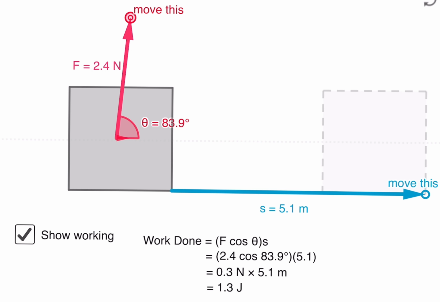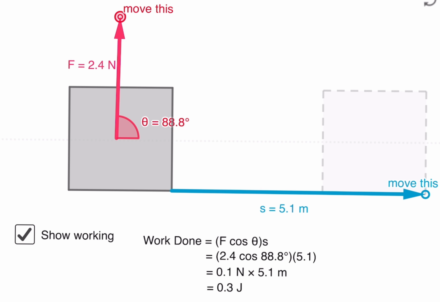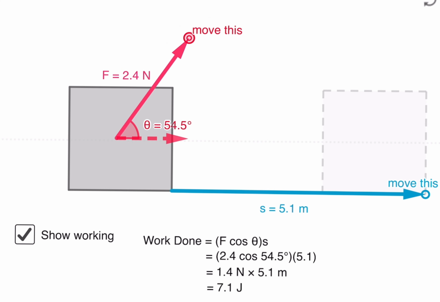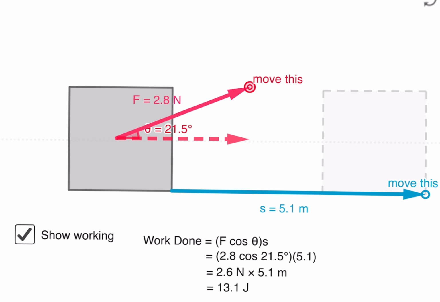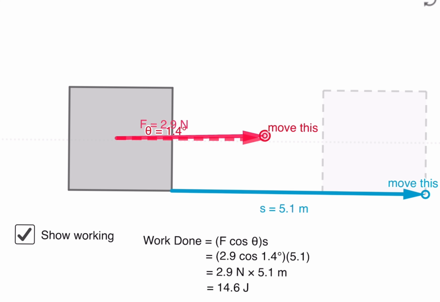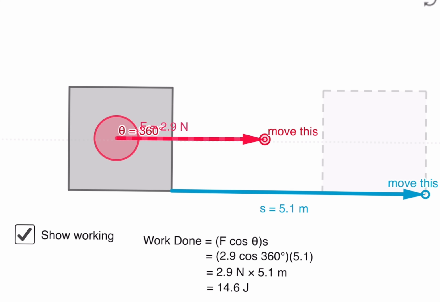So this is very, very important. You can see here that when you are going towards 90 degrees, the value of your work done is becoming 0, and when you are decreasing the angle towards 0, you are getting the maximum work done. So this is something important.